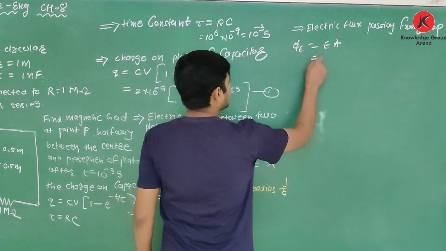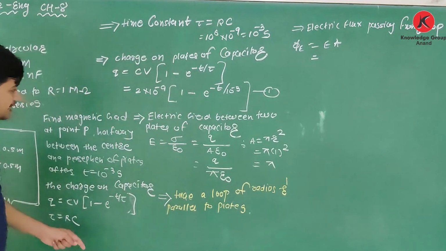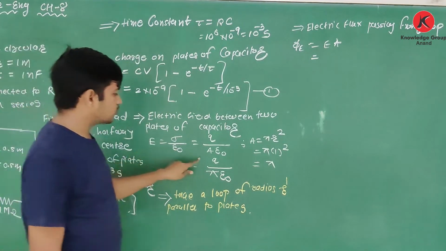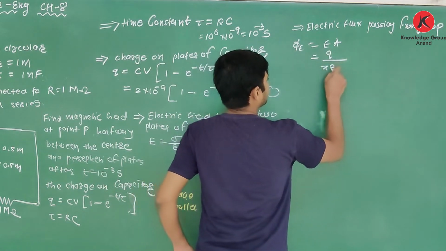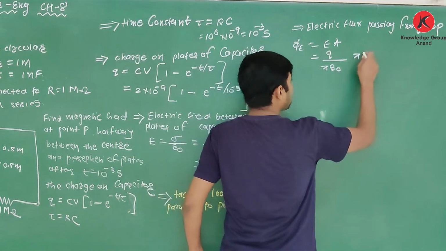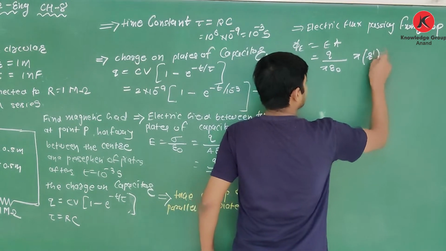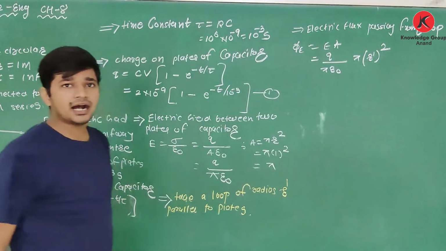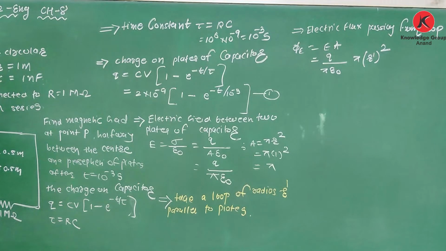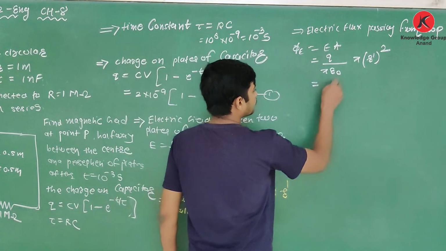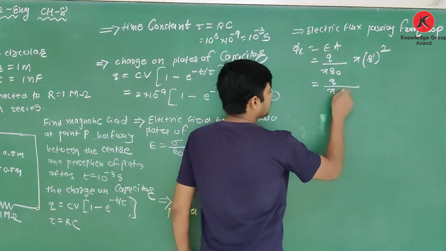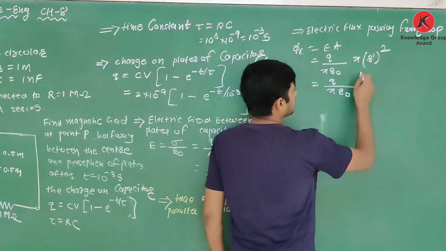Where is E? E is here, yes. E is equal to Q upon pi epsilon 0. A means here it is pi r dash square. Clear about this? So phi E is equal to Q upon pi epsilon 0 into pi r dash square.